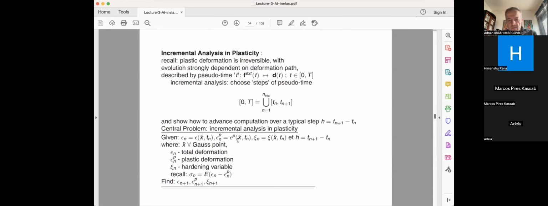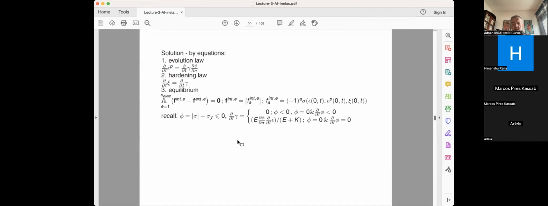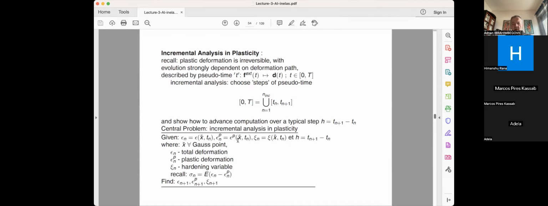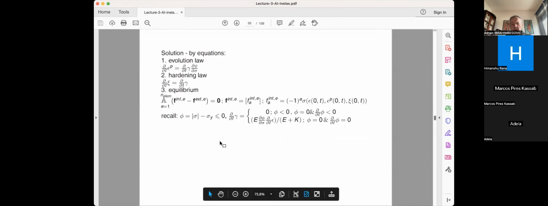So now this provides me the sigma n to be E times epsilon minus epsilon plastic. And I want to find this total strain, plastic strain, and hardening variable at n plus 1, such that again I have my stress, and that phi should be negative or 0.